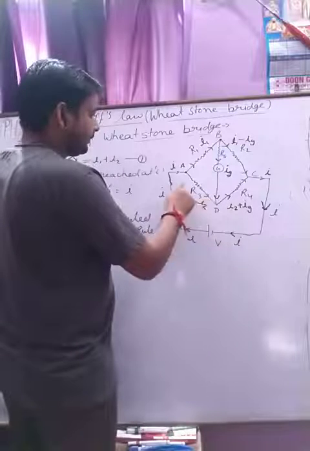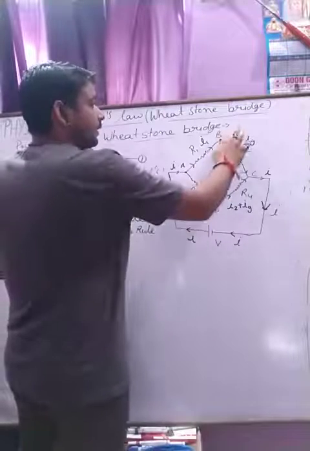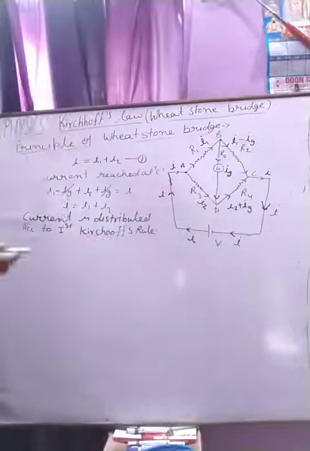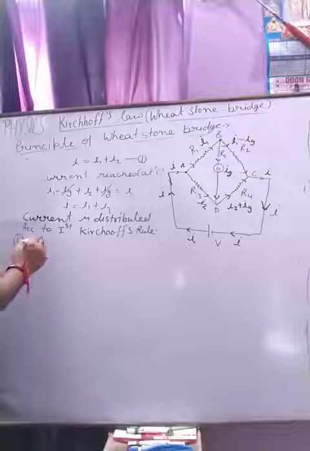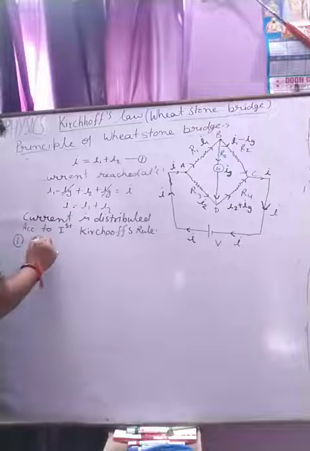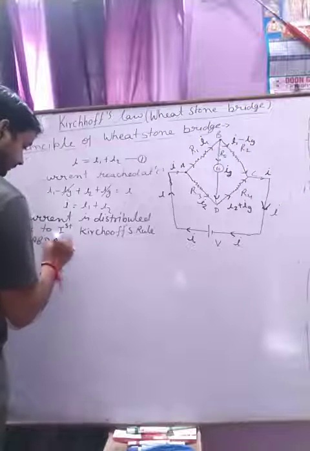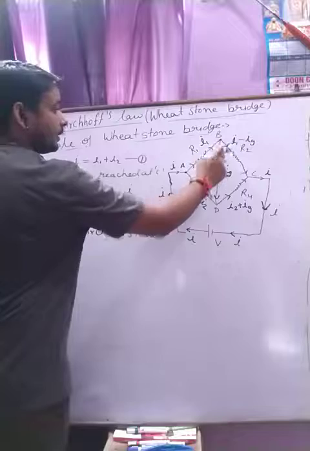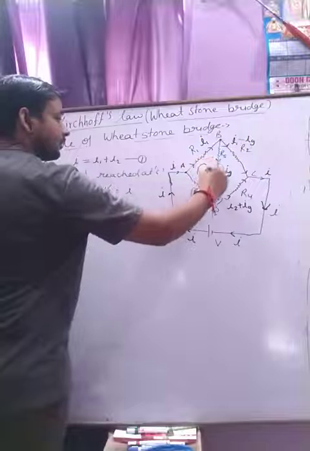One is A B D A and second is B D C B. Okay, now in the first loop A B D A, when we go around this loop, we are taking the clockwise direction.